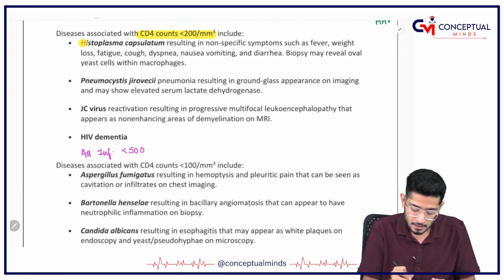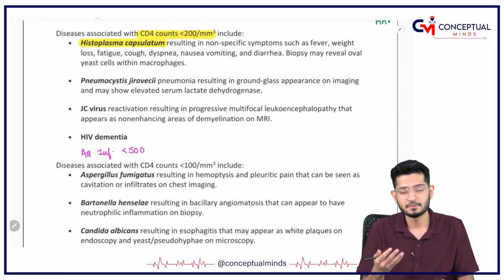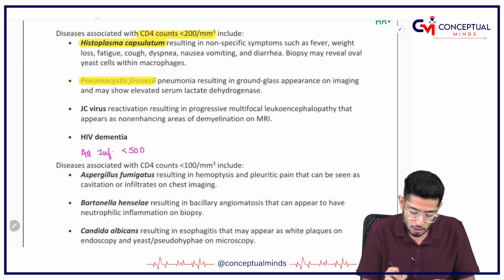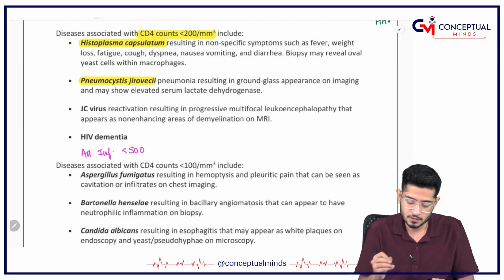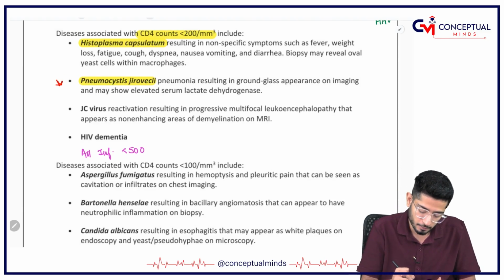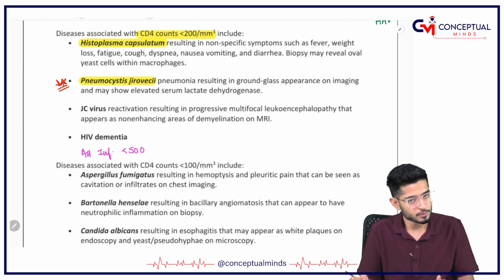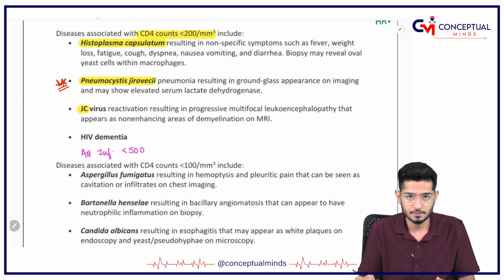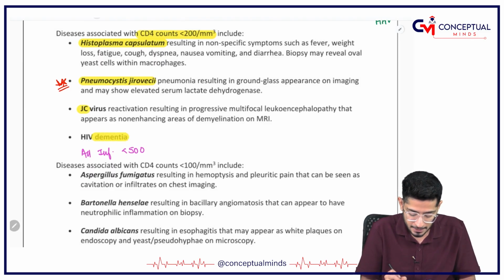Other things can be Histoplasma capsulatum. That's a fungal infection. We are going to read in detail about Histoplasma capsulatum. Next is Pneumocystis jirovecii. This is very, very important. Please don't forget it. Then you have the JC virus, which is going to be there, and dementia.